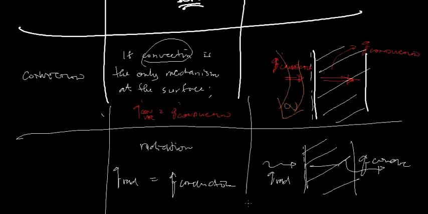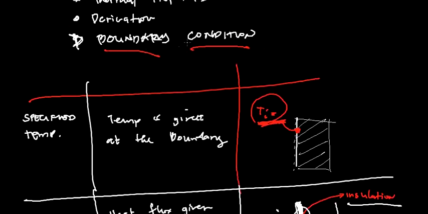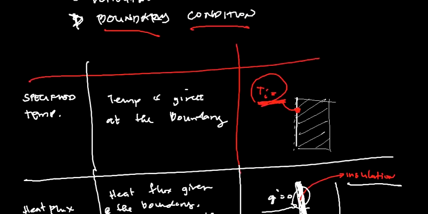So basically that is the given condition existing at your boundary. That is what we call our boundary condition.